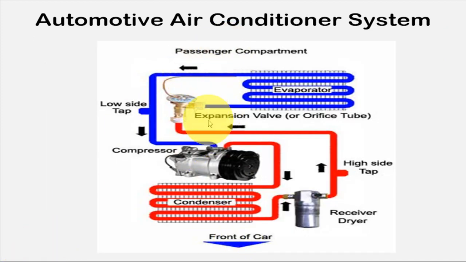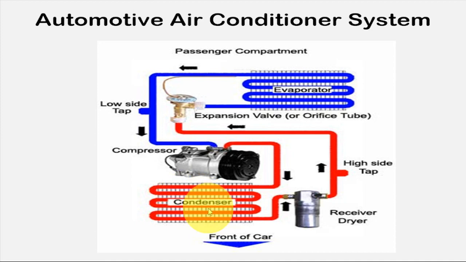Now here the automobile air conditioning system consists of the basic components: compressor, condenser, evaporator, expansion valve, and this receiver. Now here the condenser part is located at the front of the car so that it will take the advantage of the air coming from the front of the car, so that air will cool this condenser.